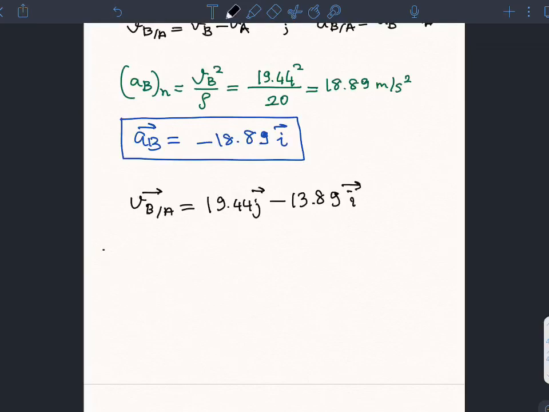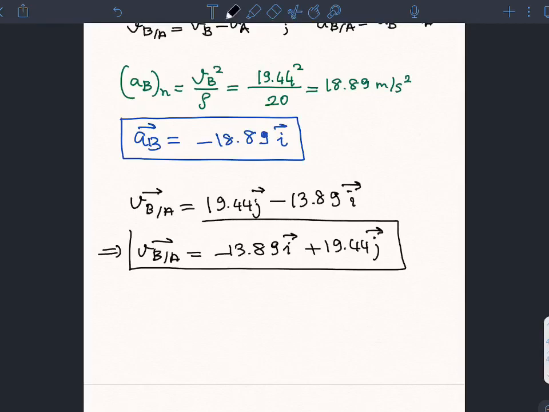So if we write in order, VB with respect to A is going to be minus 13.89i plus 19.44j. So this is the velocity observed by car A for car B.